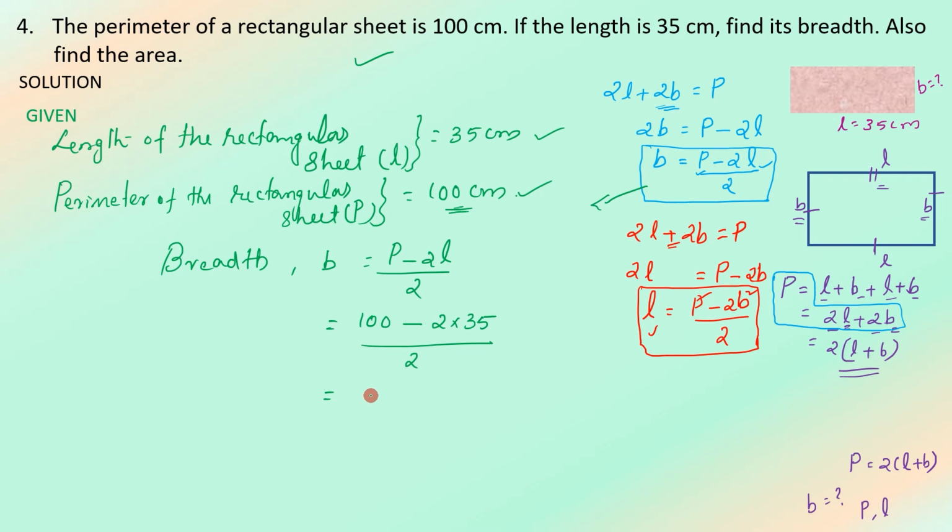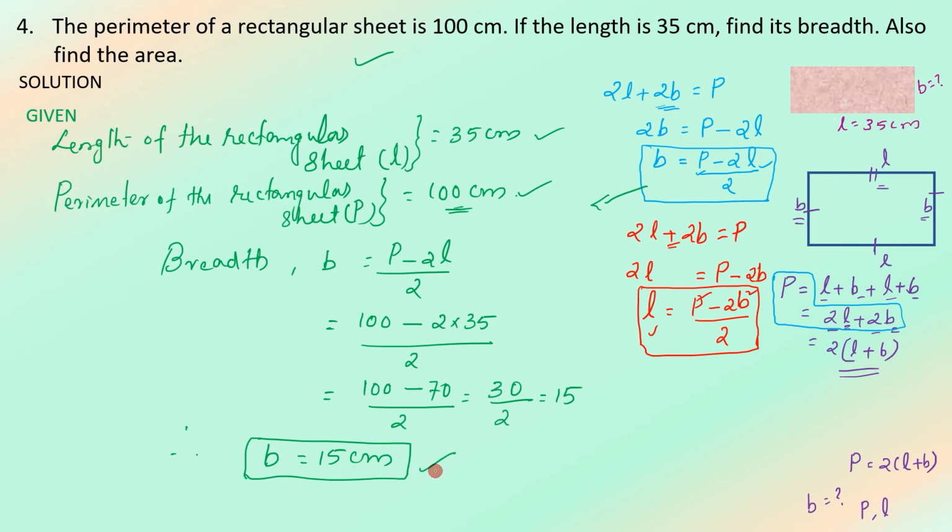That is equal to 100 minus 2 into 35 is 70 divided by 2. That is equal to 100 minus 70 is 30, 30 divided by 2, that is equal to 15. Therefore, breadth of this rectangular sheet is B is equal to 15 centimeter. That is, breadth of this rectangular sheet is 15 centimeter.